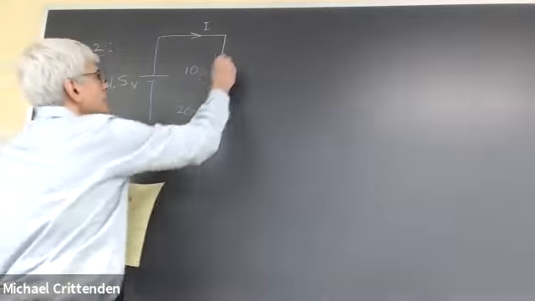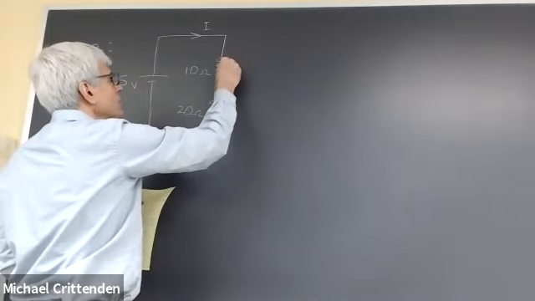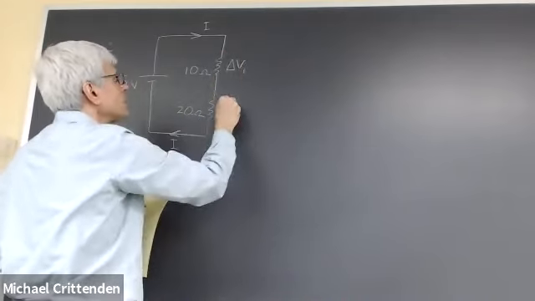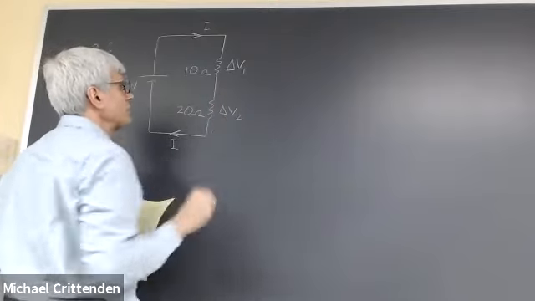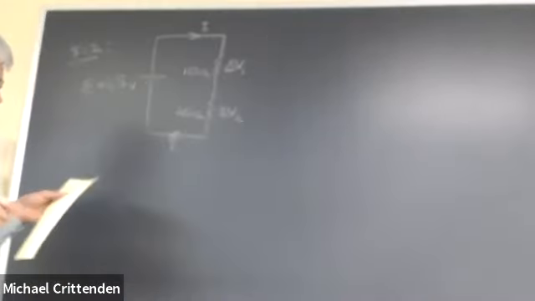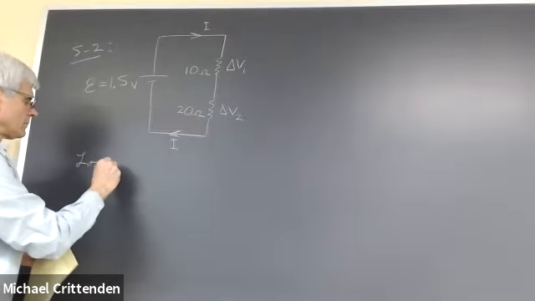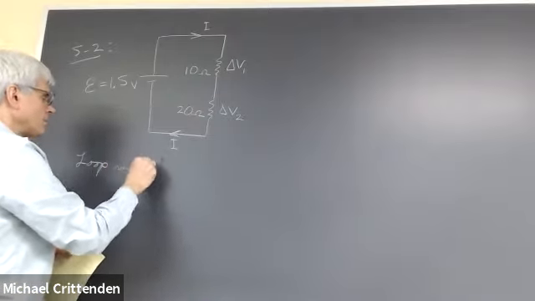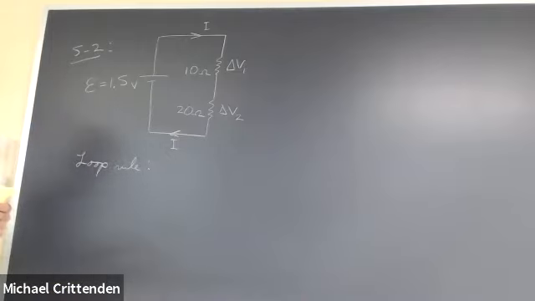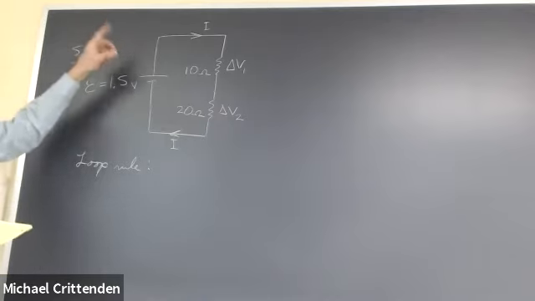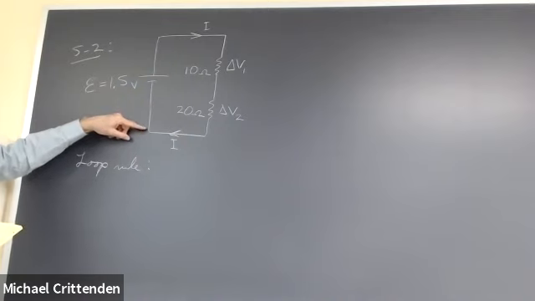And the potential difference across the first resistor, I'll call delta V1. The voltage across the second resistor, I'll call delta V2. The loop rule says that if I start anywhere and go around this loop, the voltages add up to 0.